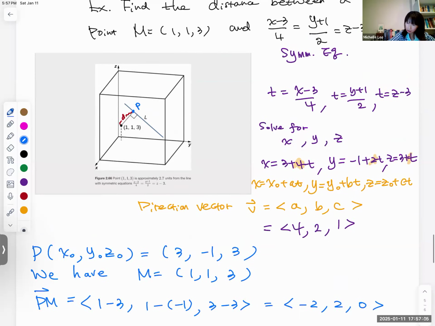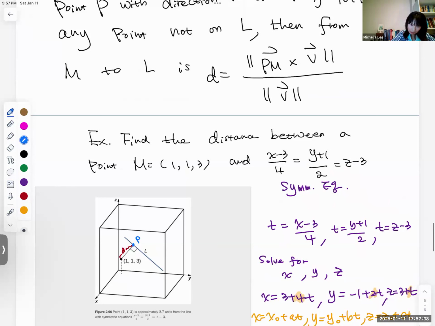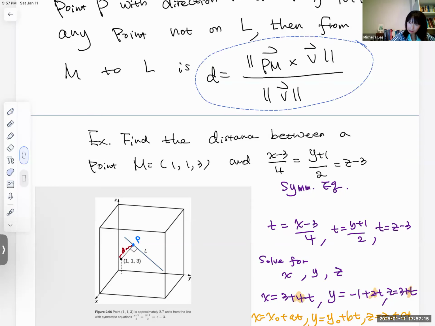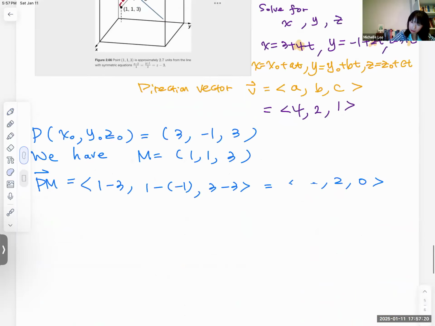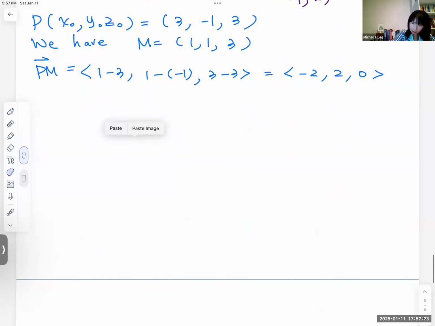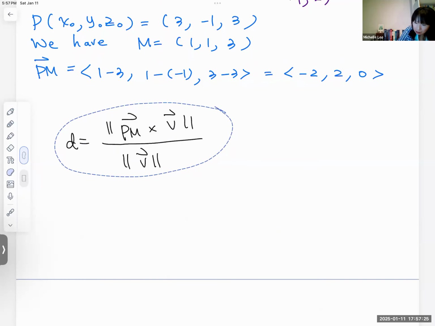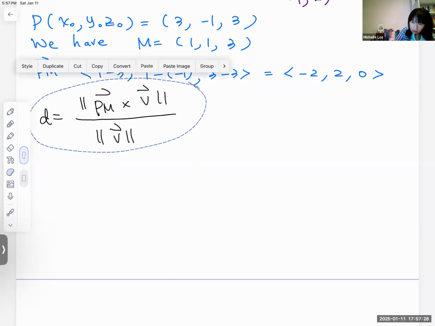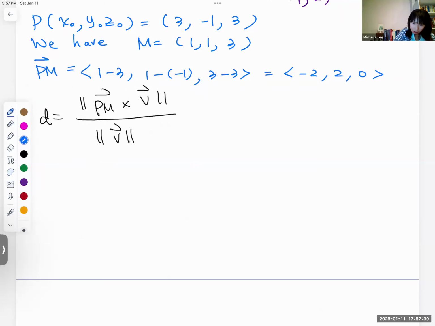Now, we want to find the distance. That is the goal, right? Then we have to have the cross product of vector PM with vector V, right?